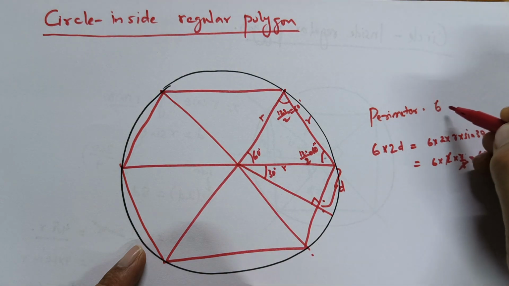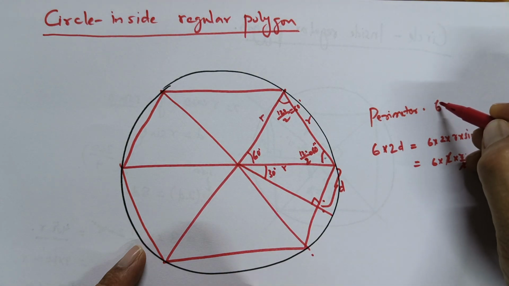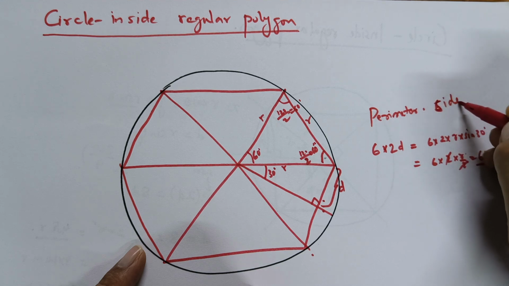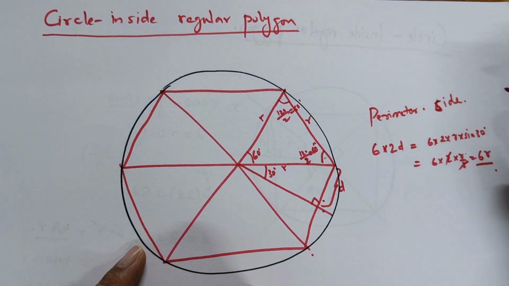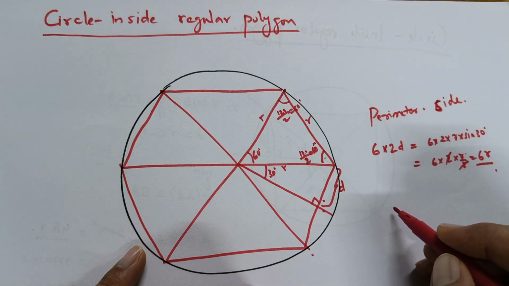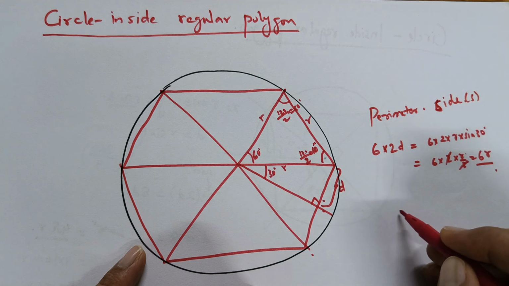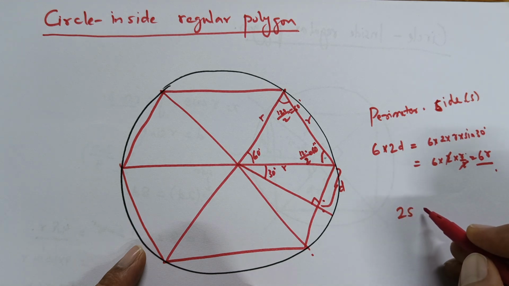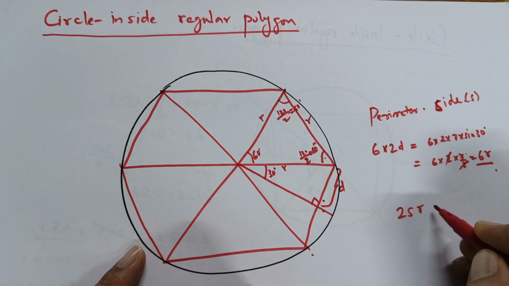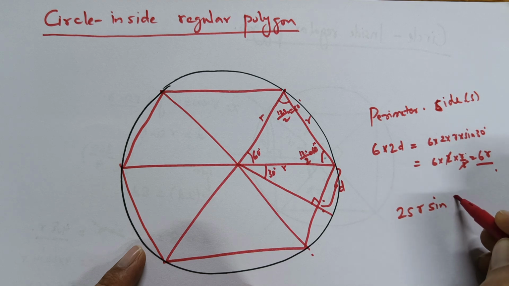If n is the number of sides, then the perimeter is 2 times n times r into sine of 360 divided by 2 times the number of sides.